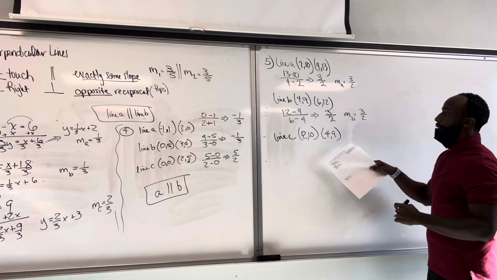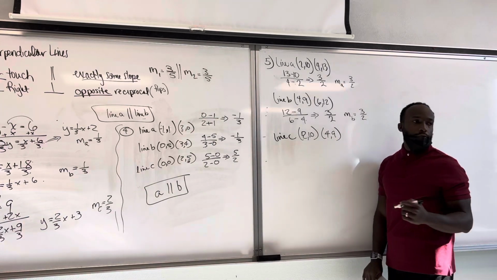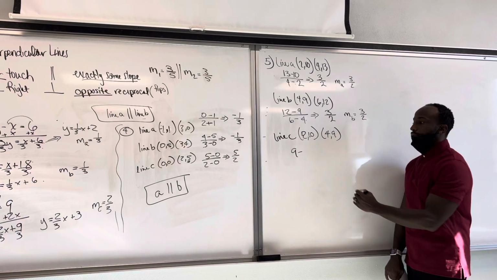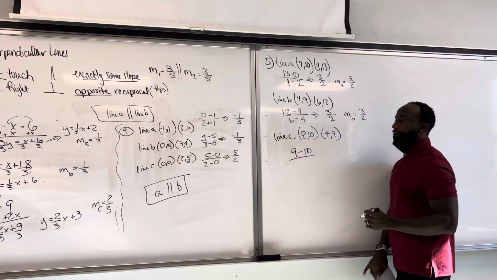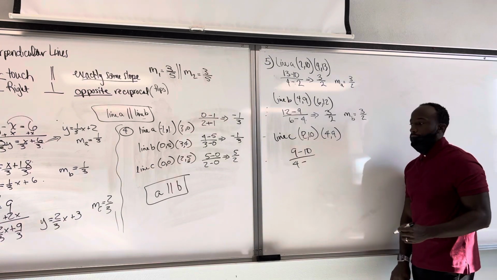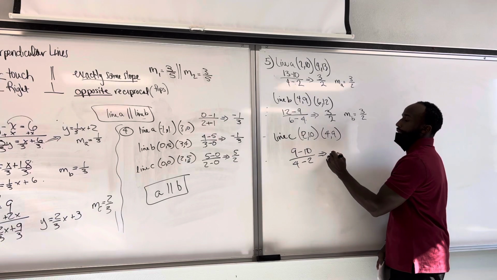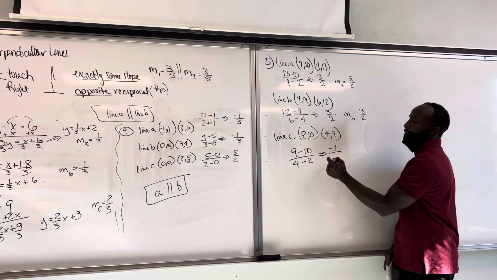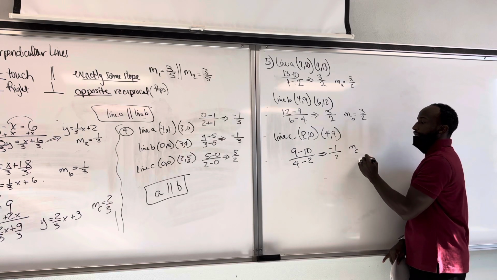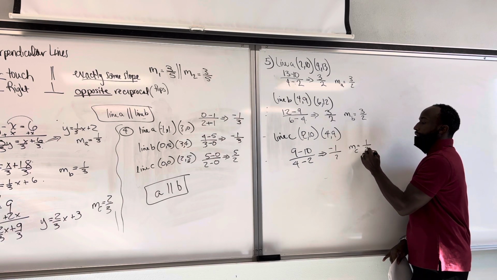Those are the same. Let's look at this last one. Y2, 9 minus Y1, 10, and then X2, 4 minus X1, 2. 9 minus 10, negative 1. 4 minus 2, 2. So the slope for line C is negative 1/2.